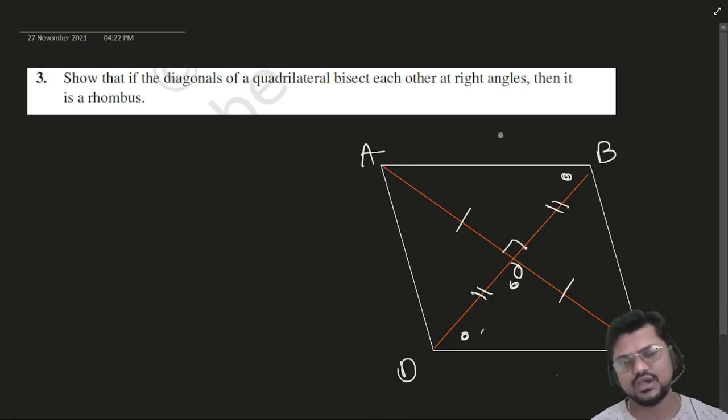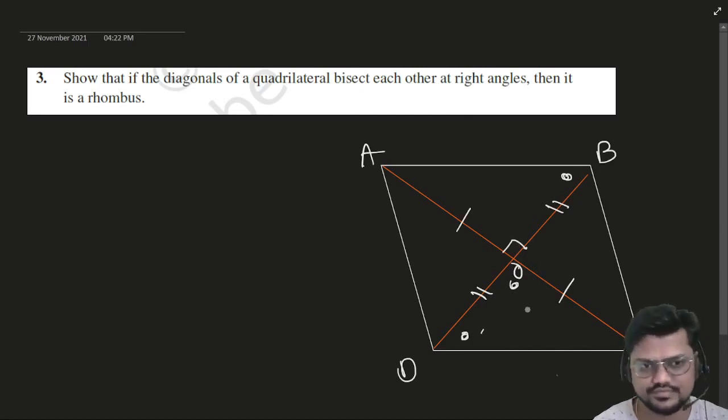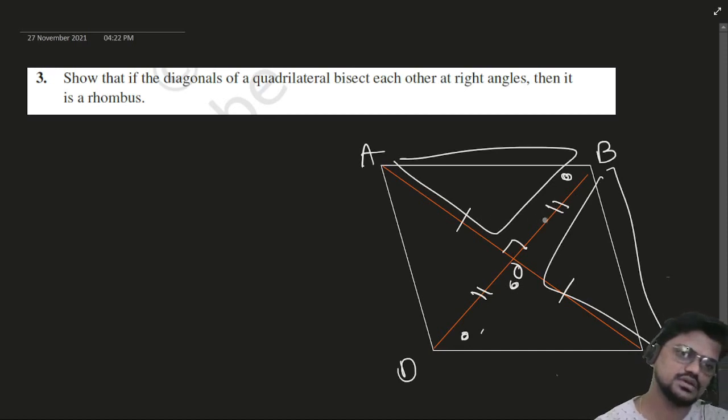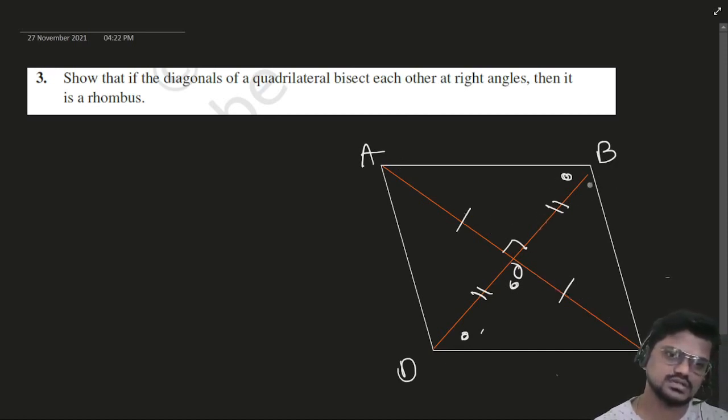Over here also the same. AOB will be equal to COD and the two triangles will be congruent. After that, if you take these two triangles, what do you see? This side is equal to this side, and these two angles are equal.